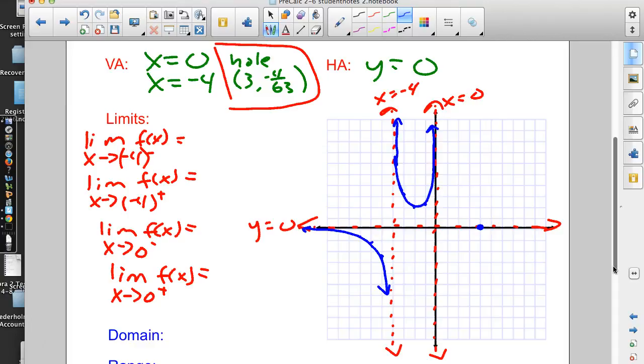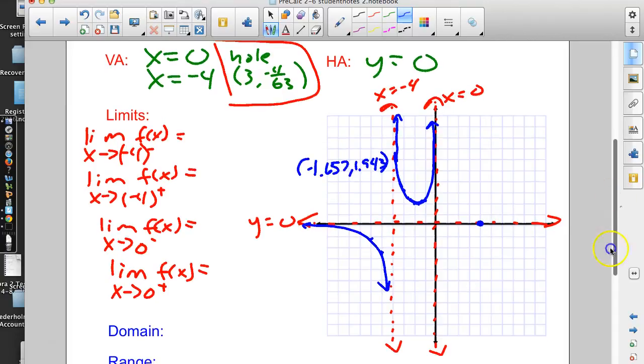And that's going to be our minimum for the middle portion of this graph. 1.657 and 1.943. So not quite -2. And it should dip down just a little bit more, right there. How much? A little bit. And then we'll go down here.